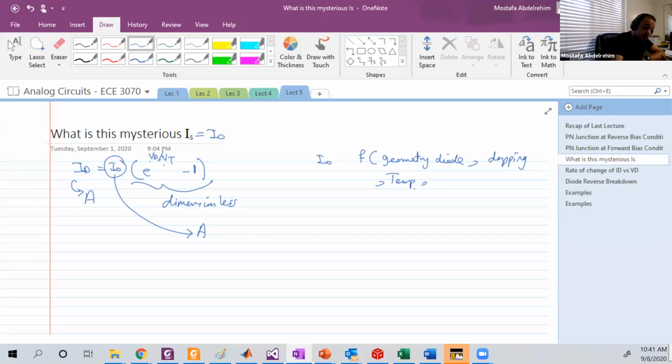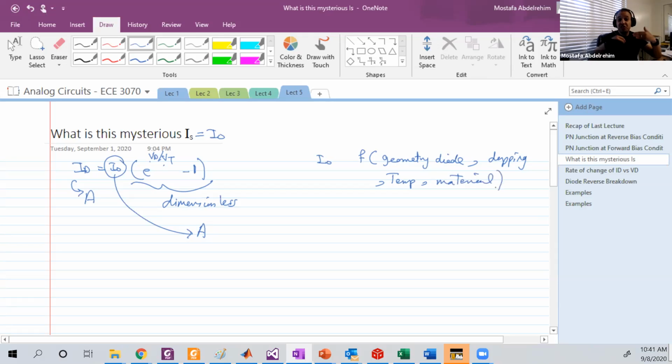Yes, the geometry, the doping, and the material itself, because we said there are many semiconductors. Carbon is a semiconductor, germanium is a semiconductor, silicon is a semiconductor, and all have different properties. All that will be reflected in I naught.